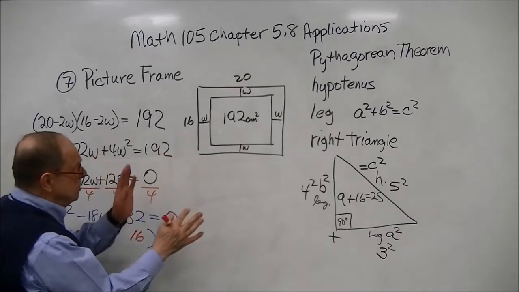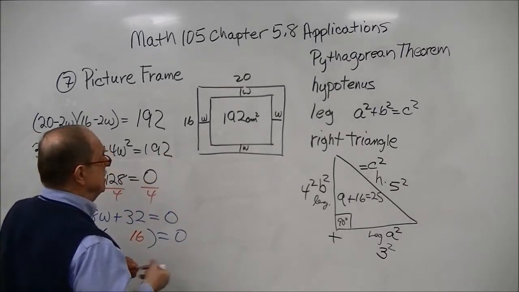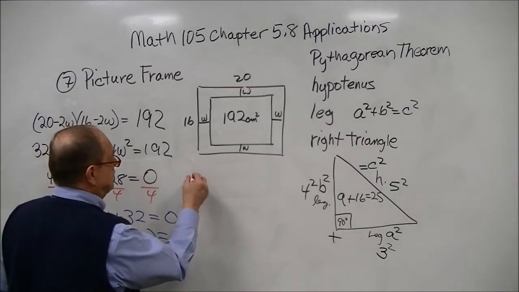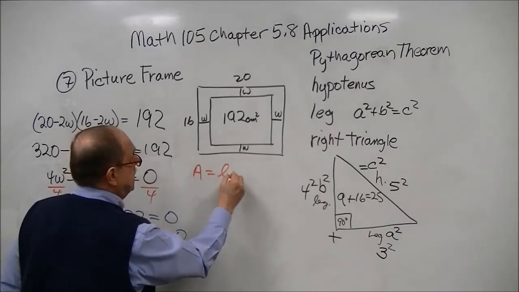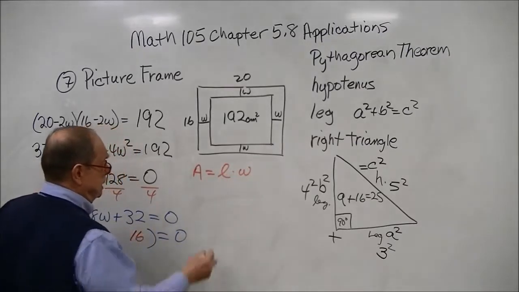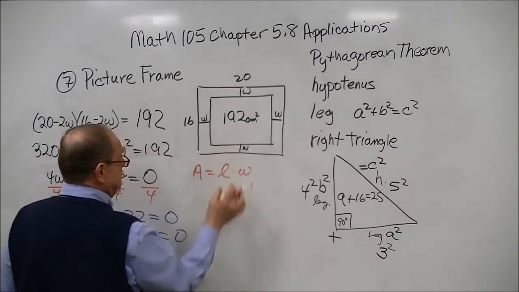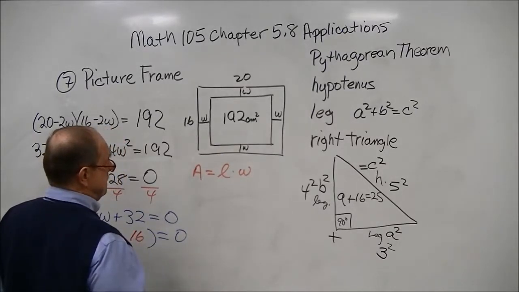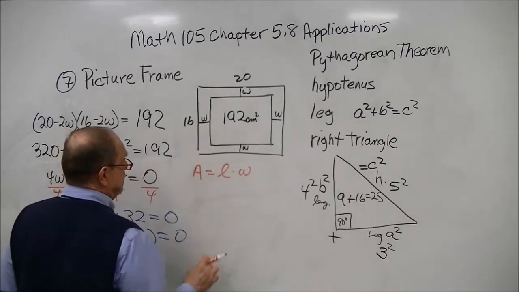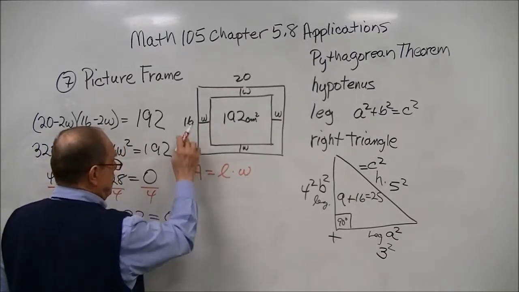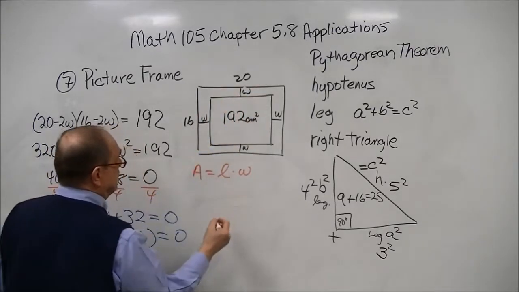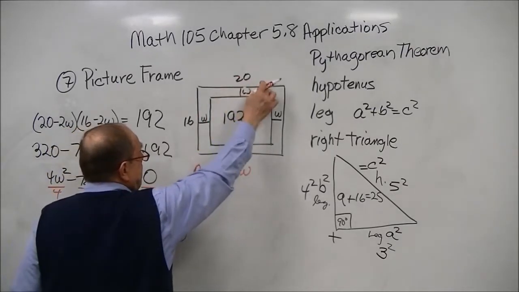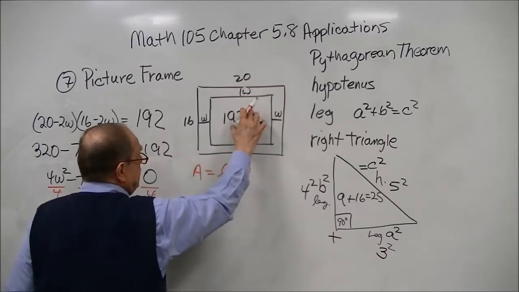Now, what kind of formula can you make out of it? Well, remember, area equals length times width. So that's what went on in here. So I want to find out what that W is. Well, can you see this length to give you this area inside?